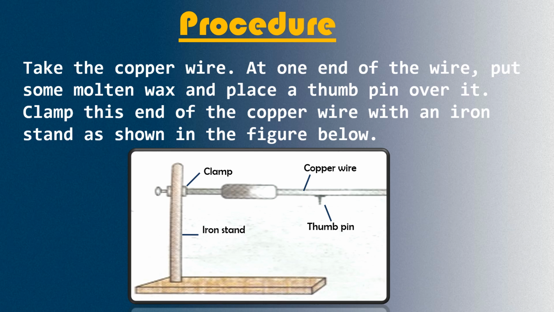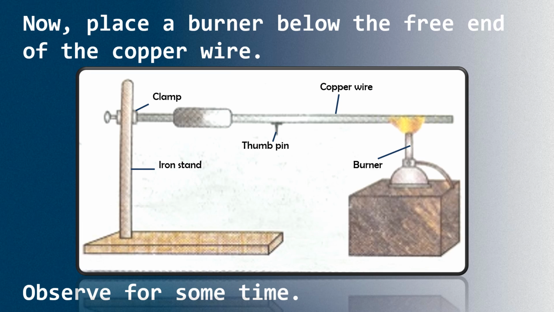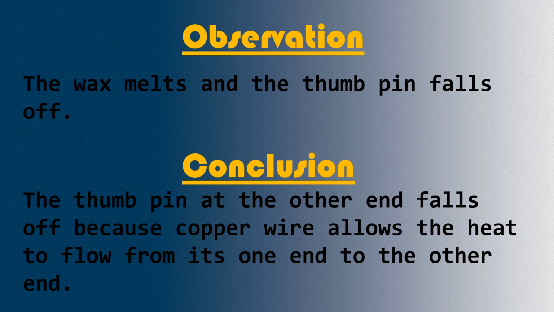Clamp this end of the copper wire with an iron stand as shown in the figure below. Now, place a burner below the free end of the copper wire. Observe for some time. What do you observe? You will observe that the wax melts and the thumb pin falls off.